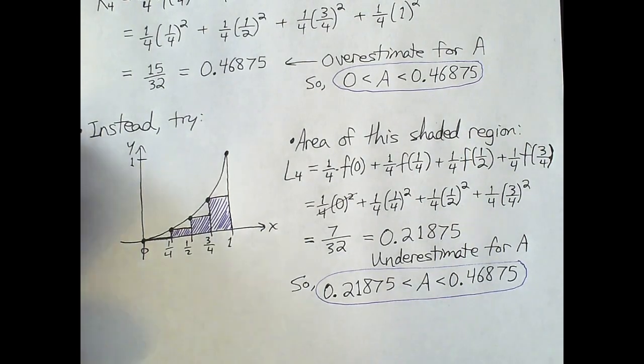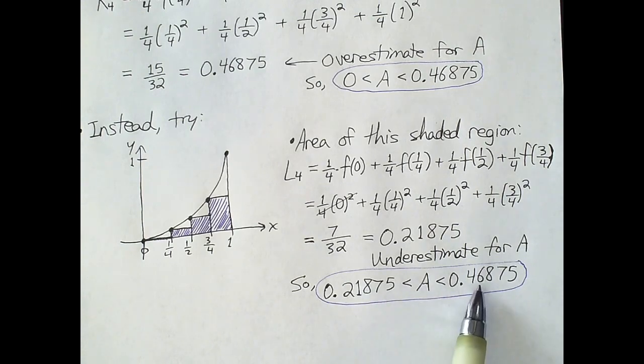Do you think it's possible that maybe the actual area is just right in the middle of these two? Like, this is 0.2 something, this is 0.4 something. Maybe the actual area is 0.3 something. Maybe it's like the average of these two, exactly in the middle.